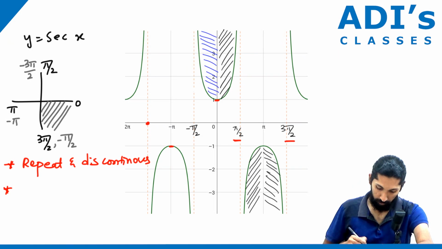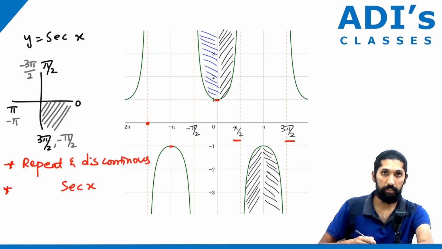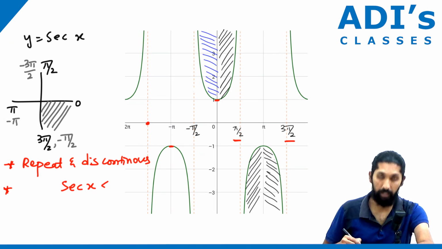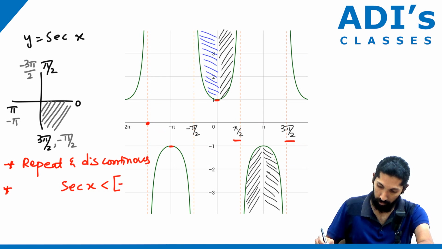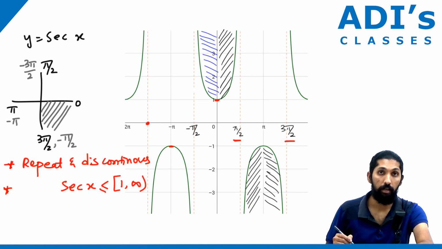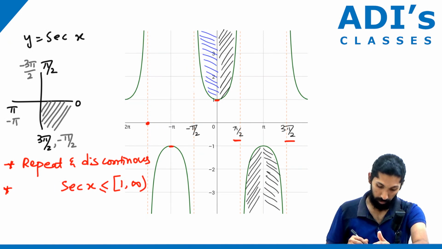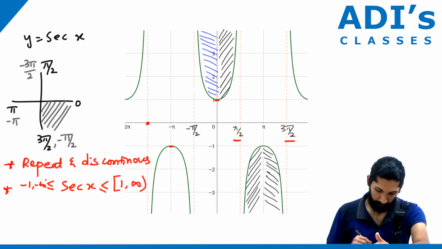That means whenever you have secant x, it is greater than or equal to 1, up to infinity, and also on the negative part, it is less than or equal to minus 1, going to minus infinity.